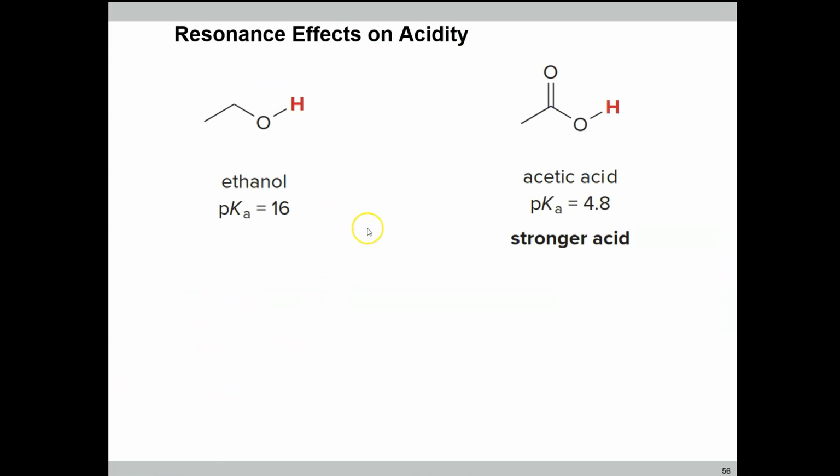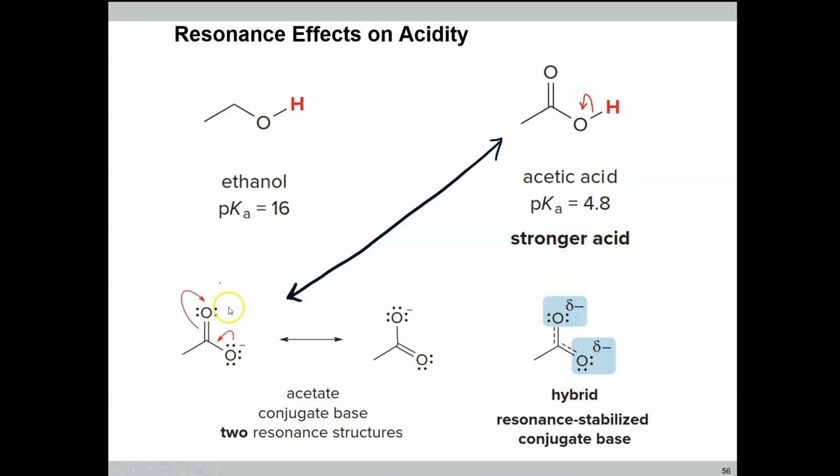I also want to talk about resonance effect on acidity. If we're looking at ethanol versus acetic acid, why is acetic acid, with this carboxylic acid functional group, so much stronger? What is the difference that's really happening here? If we look at the reaction, we're going to move those electrons and look at what our conjugate base looks like. We have a conjugate base system here with that carbonyl group.